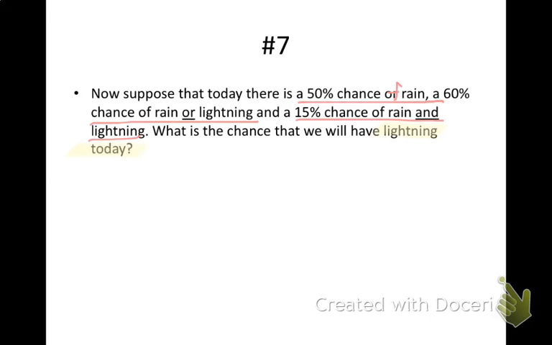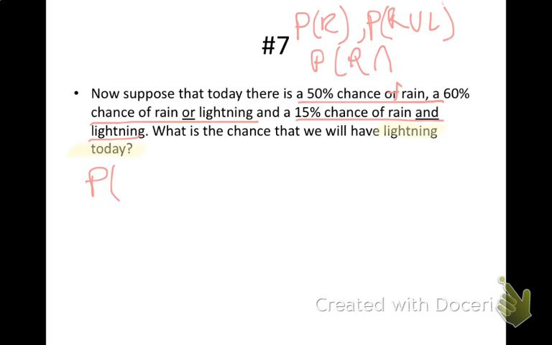If I think about where all of those things occur, this happens again in the addition rule. Now, I know that that's something that maybe doesn't come naturally to you, but you want to think: which formula has the probability of rain, the probability of rain or lightning, and the probability of rain and lightning?